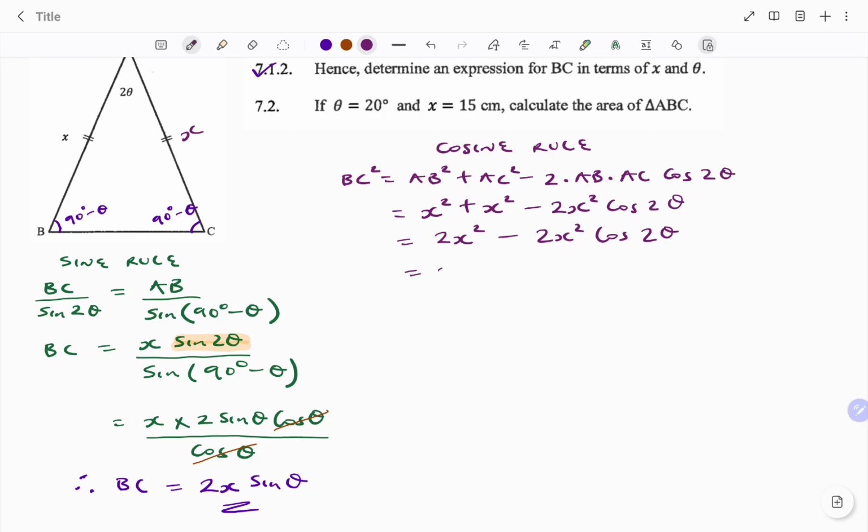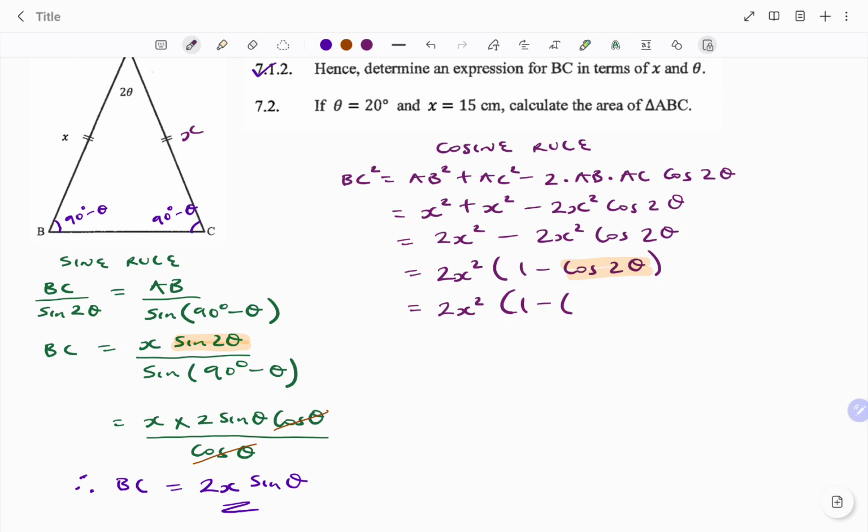I'm going to factor out 2x squared. I'm left with 1 minus cos 2 theta. If I simplify further, I'm going to use my identity for double angle for cos 2 theta. So I have that as 2x squared in bracket 1 minus, I'll put that in a big bracket, cos 2 theta.